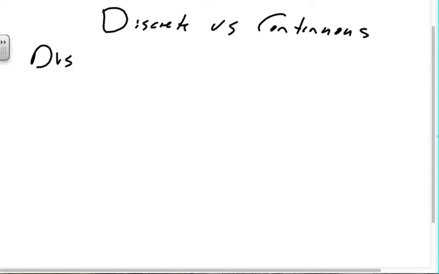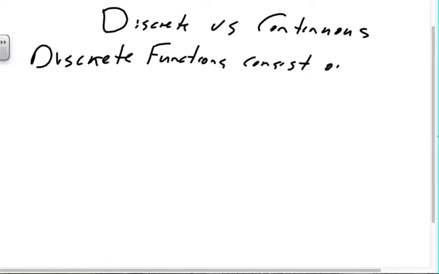Discrete functions should be an R. They consist only of points that are not connected.